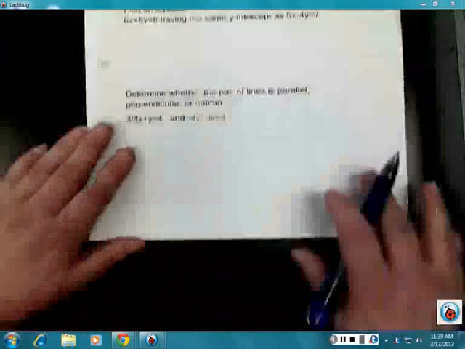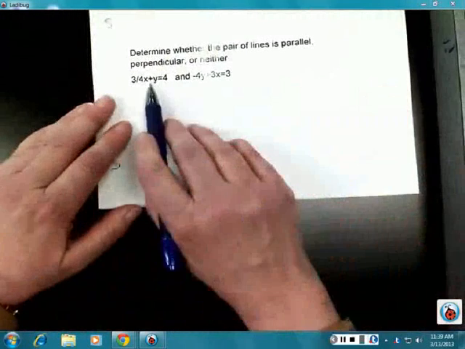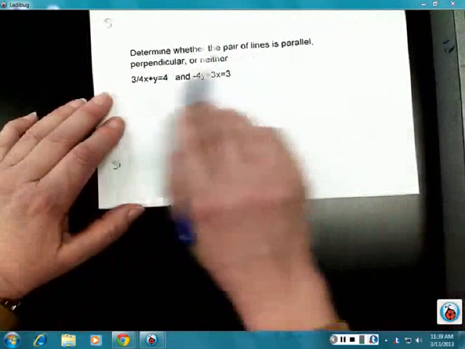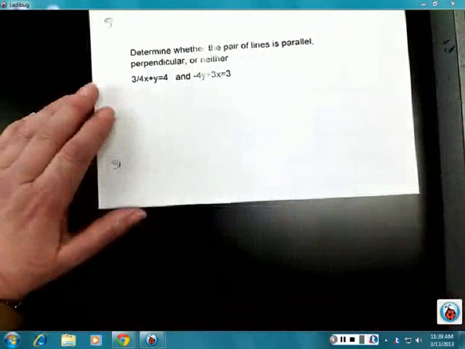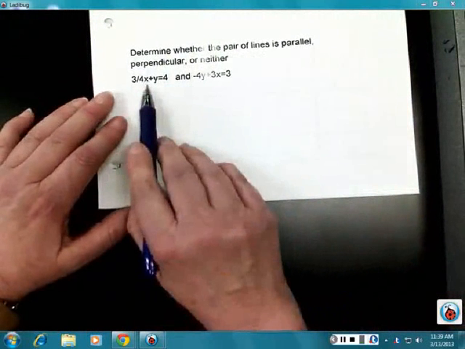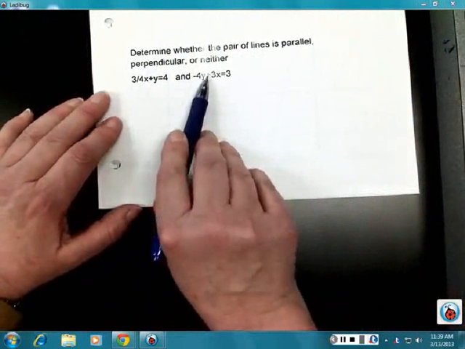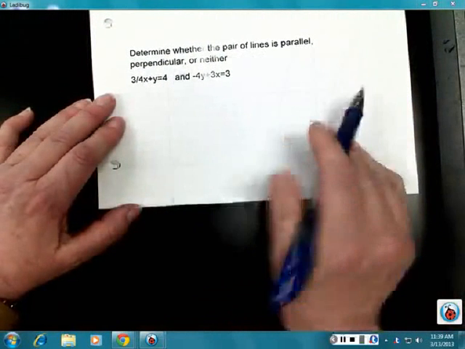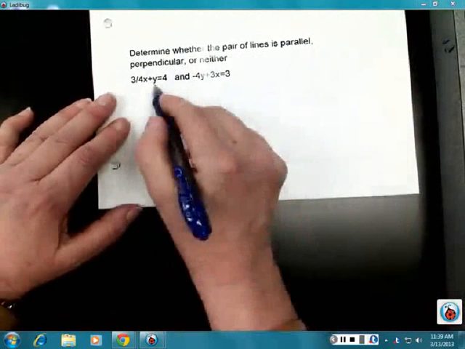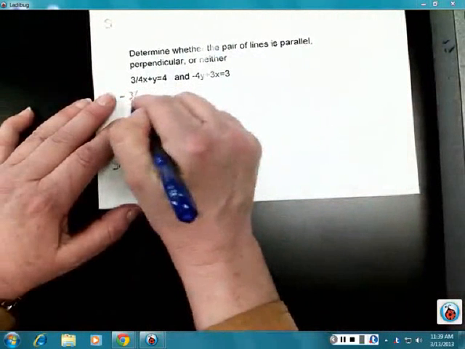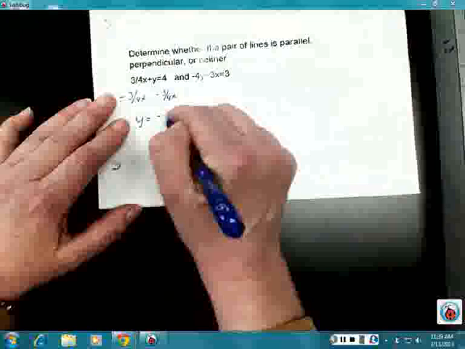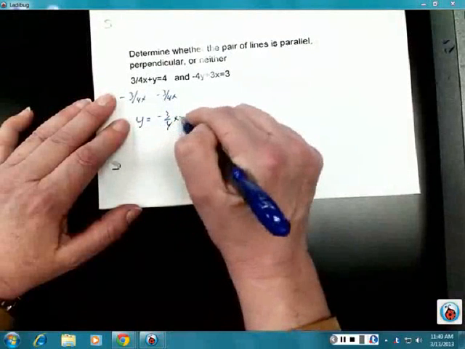One that we do want to look at is this one. It says determine whether the pair of lines are parallel, perpendicular, or neither. To be parallel, the slopes would have to match. To be perpendicular, they're reciprocals of each other. With that one, you'd have to solve for y. So I'm going to minus 3/4 x, and I get y equals a negative 3/4 x plus 4.